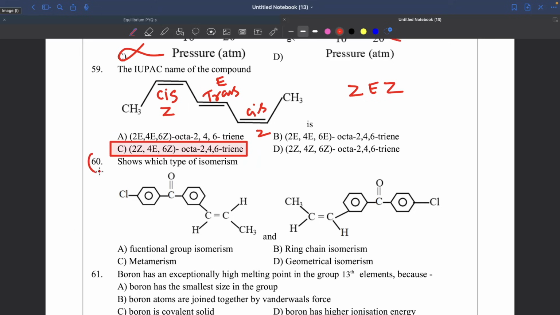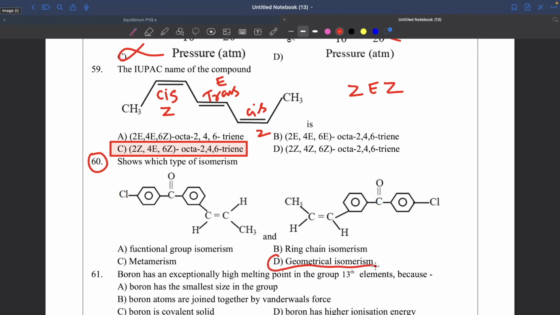Okay. So, we will go to question number 60. Which type of isomerism is it? So, two compounds are given. The options I have got are functional group isomerism, ring isomerism, geometrical isomerism, metamerism. So, functional group is not changing. Rings are equal, so ring isomerism is not there, even metamerism is not possible.